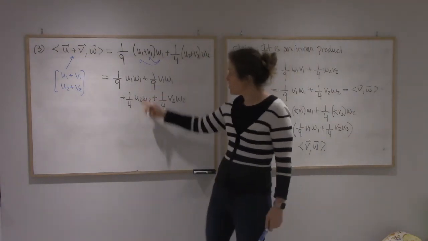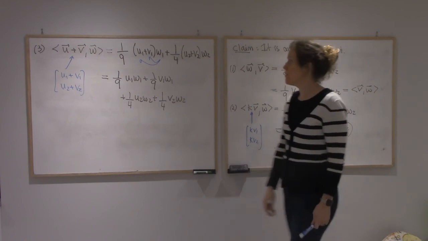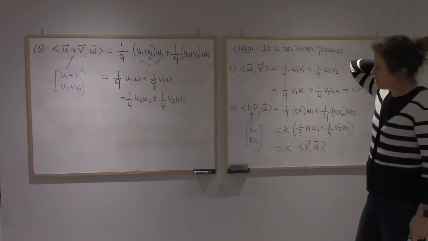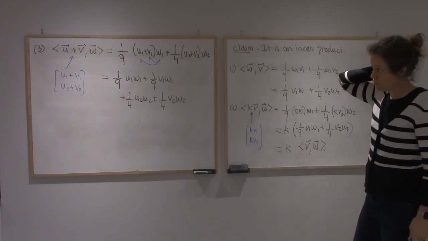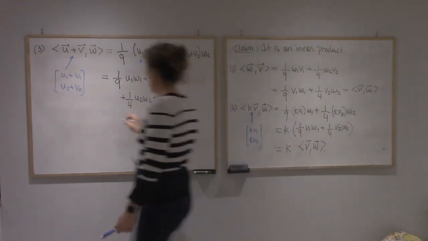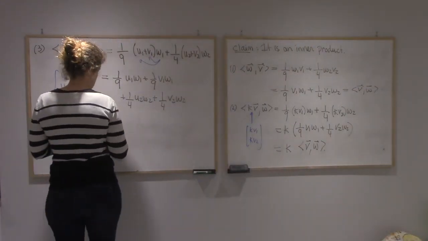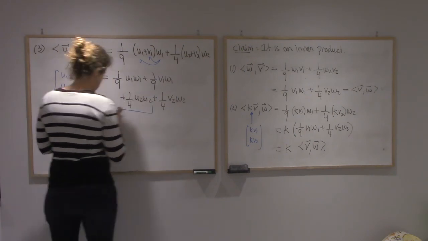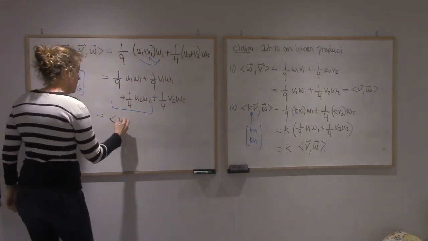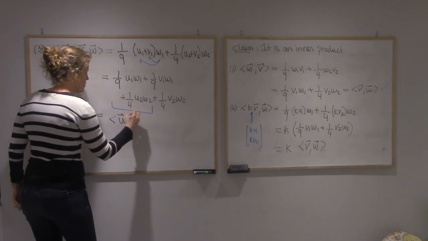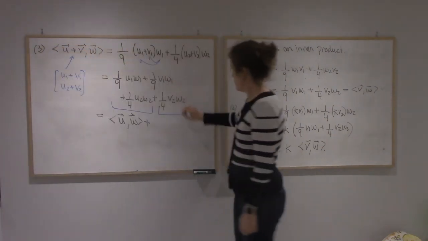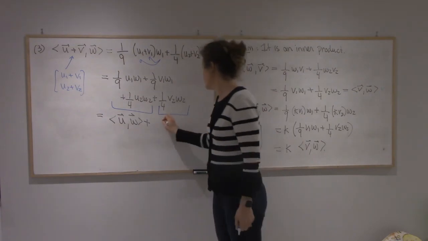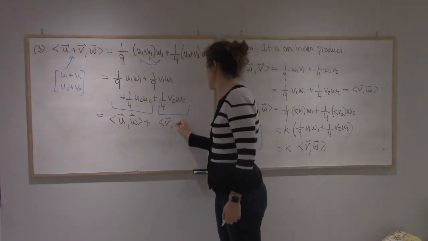And now if I look at these two terms together, I'm going to get the product of u and w. So this part here is the product of u and w, while the right terms give you the product of v and w.